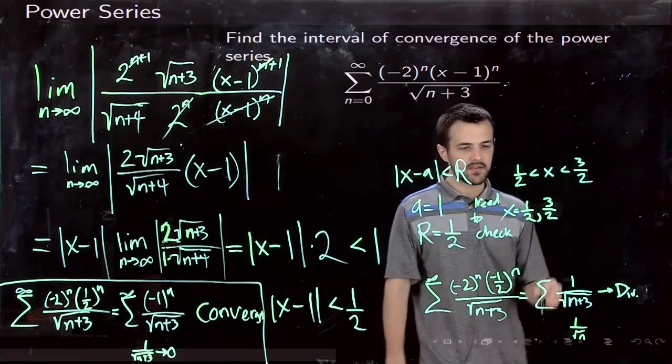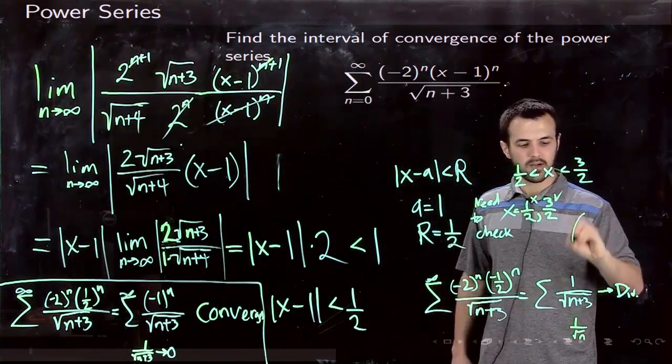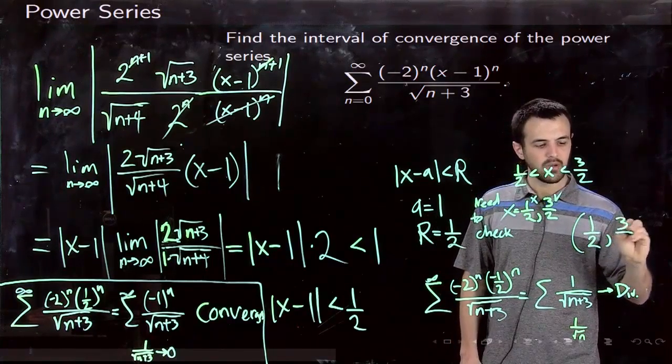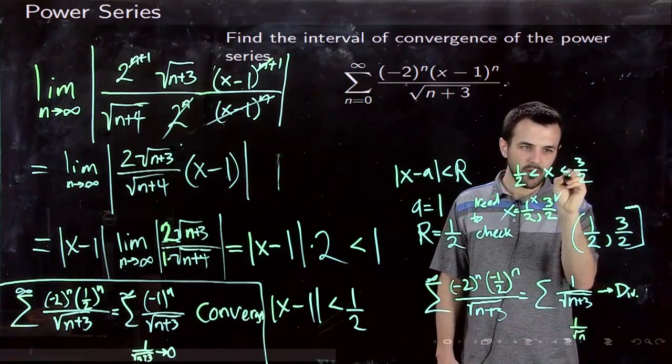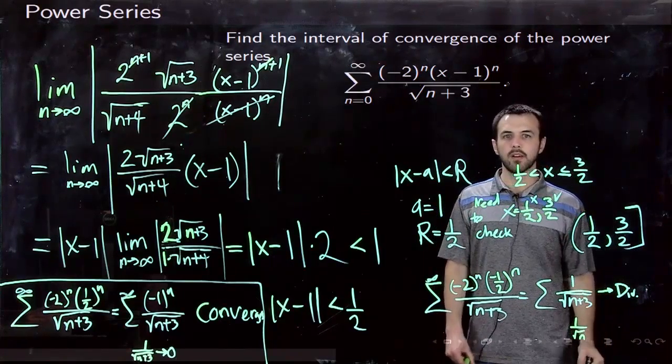All right, so it didn't work for 1/2, but it did work for 3/2. And so we know our interval of convergence is not going to include 1/2, but is going to include 3/2. So I have to put a bracket there. There we go. And there's your interval of convergence.